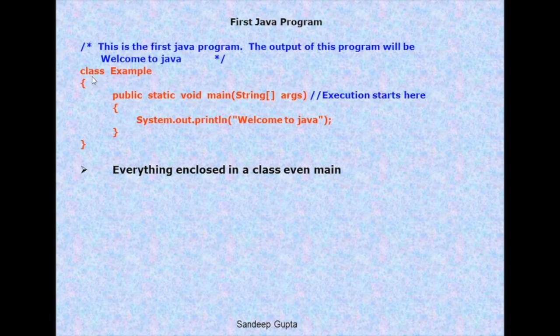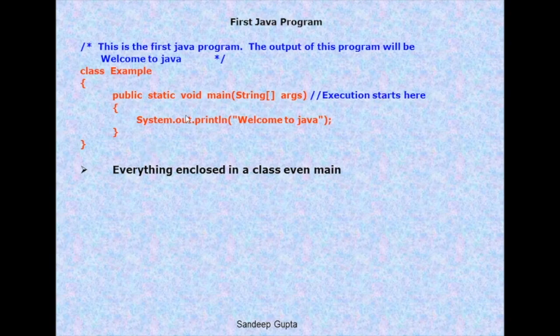So we have created a class, and the name of the class is example. In Java, it is a tradition to start the class name with uppercase, and that is why you see this E in capital. You could have also kept this E in lowercase, but it is not preferred. Always start a class name with uppercase. It's a tradition. Now this is the opening brace and this is the closing brace of the class.